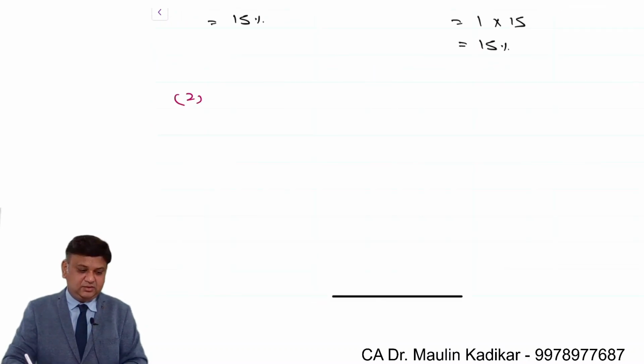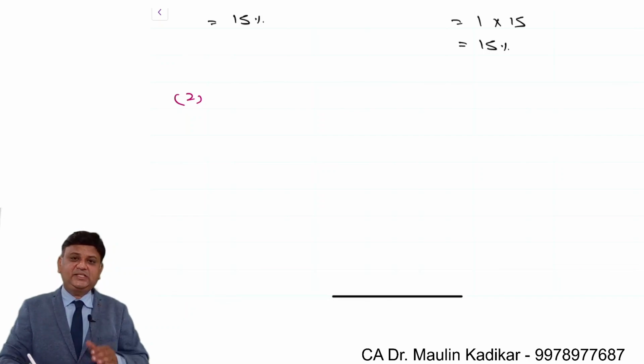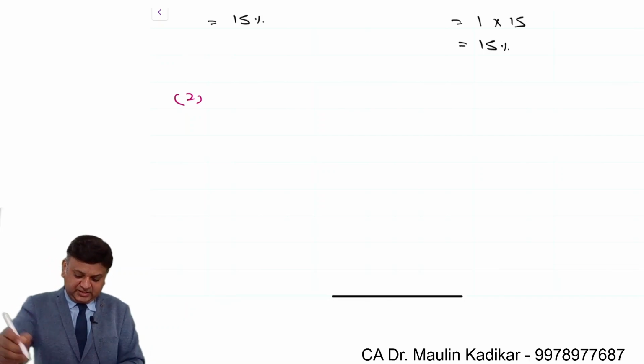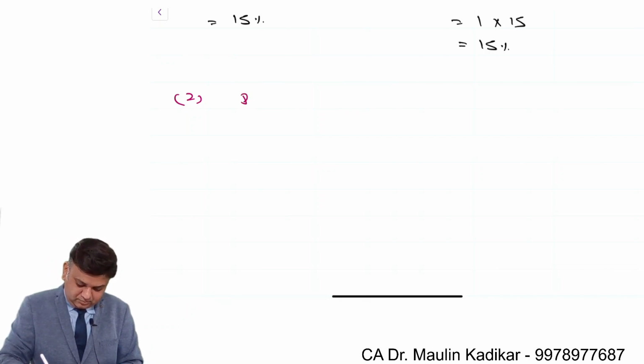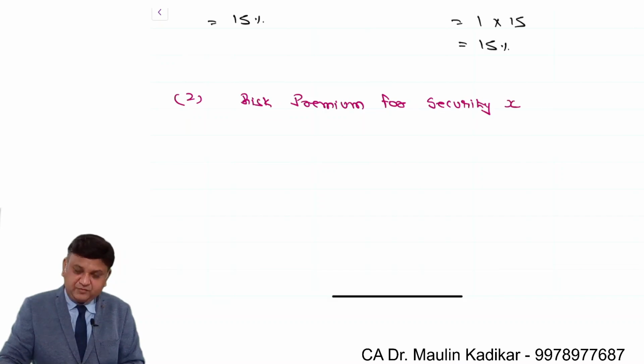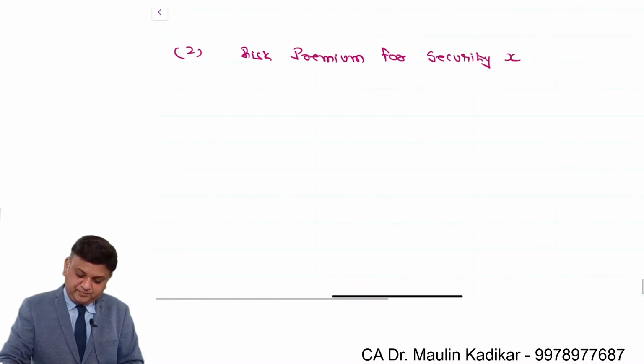Second part of the question, wherein the question says to calculate the risk premium for security X. Again, it can be calculated by one of two methods.